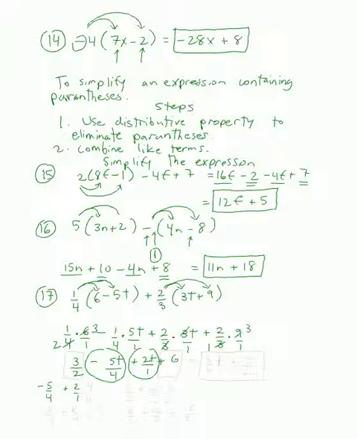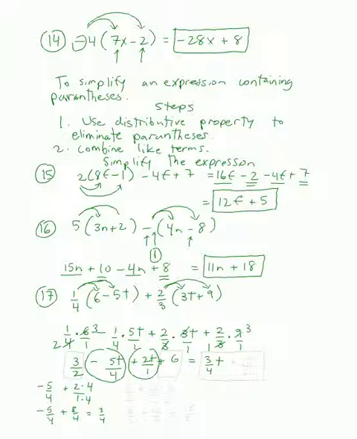Remember, we add their coefficients here. So the LCD in this case is 4, so I'm just going to give this guy a 4 and a 4. I end up with negative 5/4 plus 8/4, which gives us 3/4. So far I have 3/4 t.